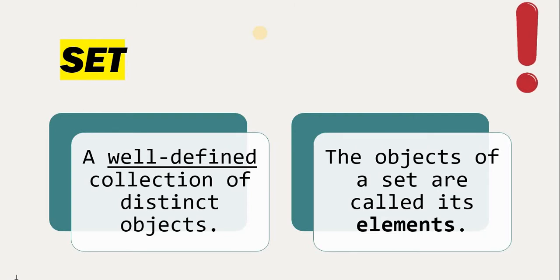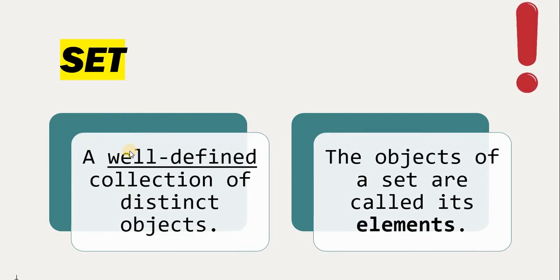So lahat ng mga students under grade 7 Nizar na nasa school year 2021 to 2022 ay kasama doon sa set na yun or group of students na yun. Then that is a set kasi well-defined siya.